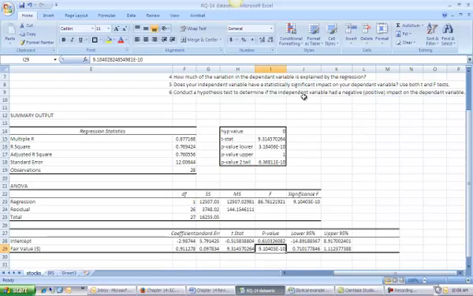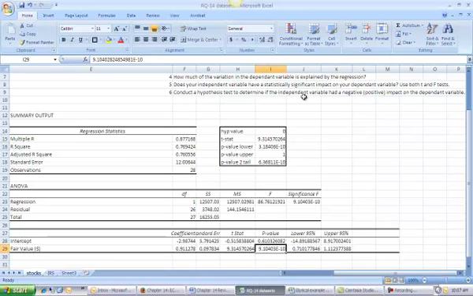Remember, in hypothesis testing, everything is backwardsville. Everything is the opposite of what you expect. If you want to test, does your independent variable have a positive impact, you look at your p-value lower. And if you want to know, does it have a negative impact, you look at your p-value upper.